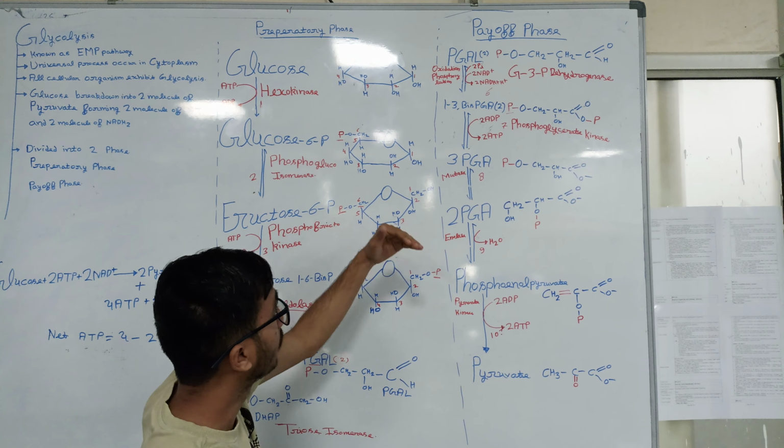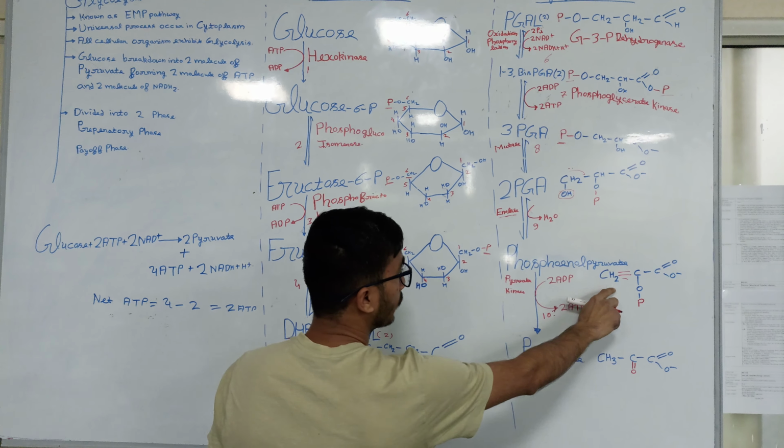Remember one thing: whenever an enzyme is involved here, there must be an indication of removal of water. So what happens here is that this OH is removed from there and gives electrons to this molecule and forms a double bond. So here, removal of OH and formation of a double bond.